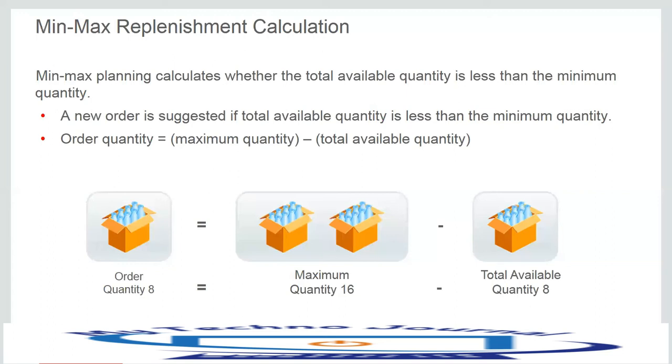How much to order is dependent upon your maximum quantity. You have set the maximum quantity as 16, minus whatever on-hand quantity you have as of now. 8 is your on-hand quantity. 16 minus 8, so 8 is the new replenishment order which the system will suggest. So this is the calculation for how much to order. Order quantity is maximum quantity minus total available quantity.